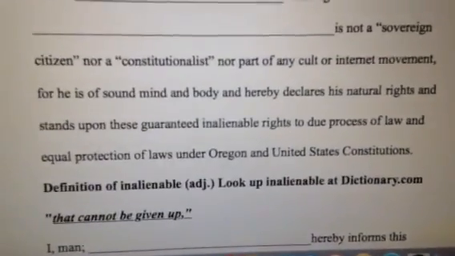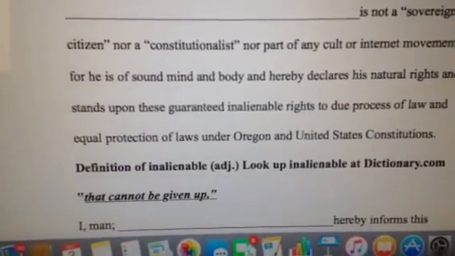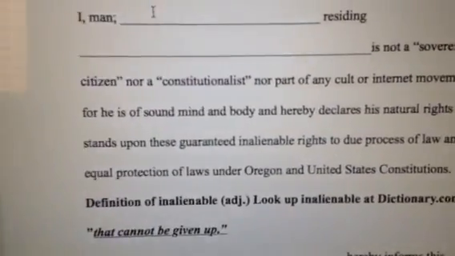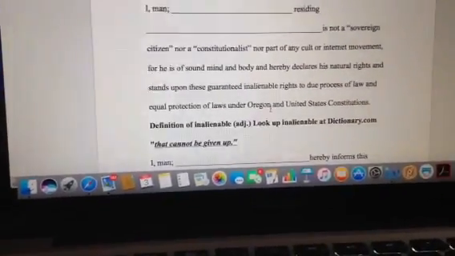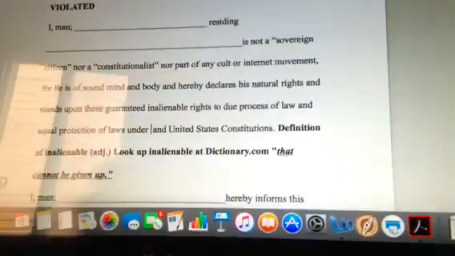Now what I did was I added the definition of inalienable, which means that cannot be given up. That means your rights cannot be given up. So you have, here we go, I caught another mistake. Thank you, and this is why I'm doing this. All right, so I got to fix that again. It's going to be the line, and you're going to put your state in there.